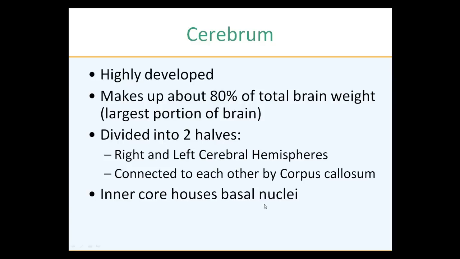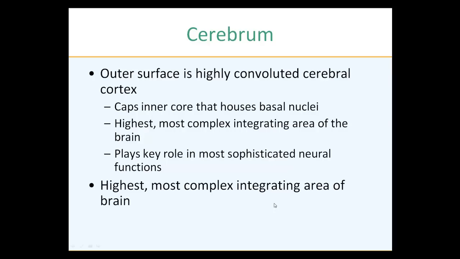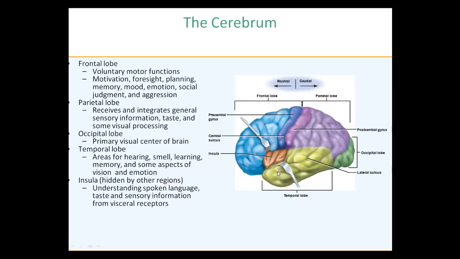And we will talk about the importance of the basal ganglia or basal nuclei in a very short bit. So the outer surface has those grooves, and the grooves will separate bulks of tissue, what we call folds or gyri, and it's a very, very complex system.